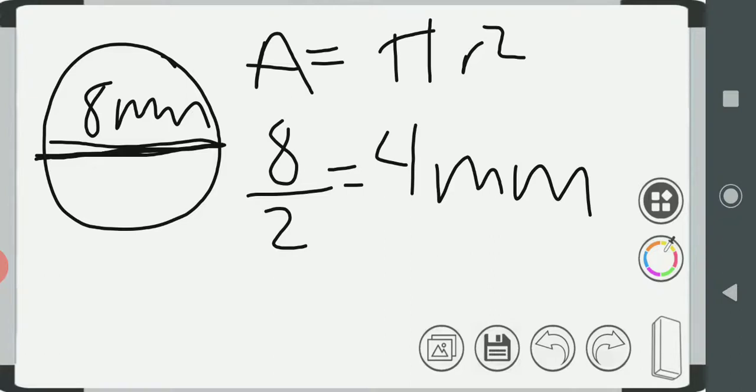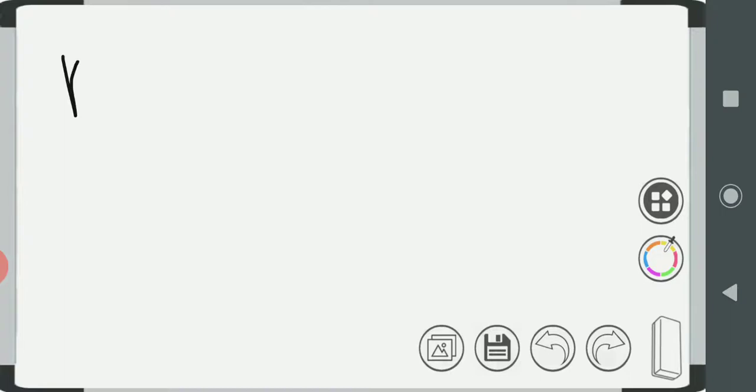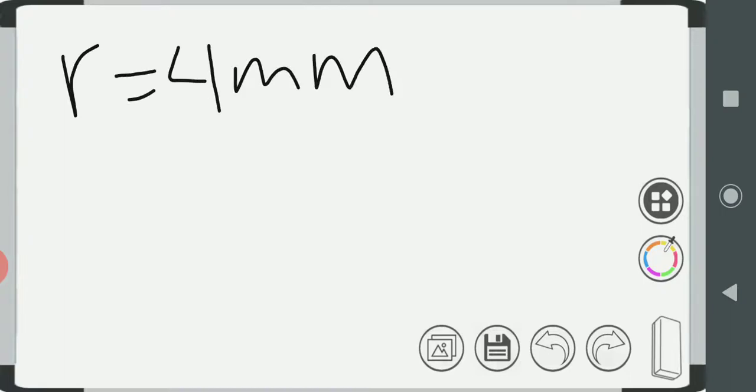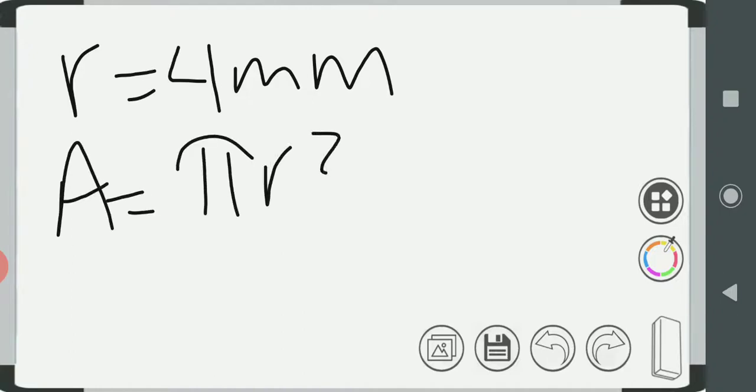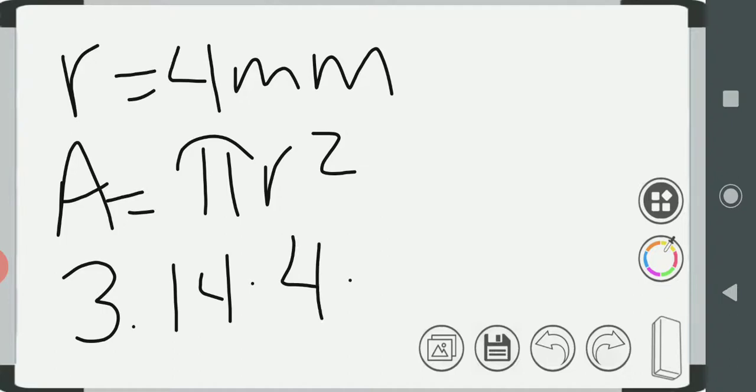All right. So let's go ahead and work this now that we know that our radius is equal to 4 millimeters. I can go ahead and say area equals pi r squared, 3.14 times 4, and in my case 4 because I'll be using my phone calculator today to show you.